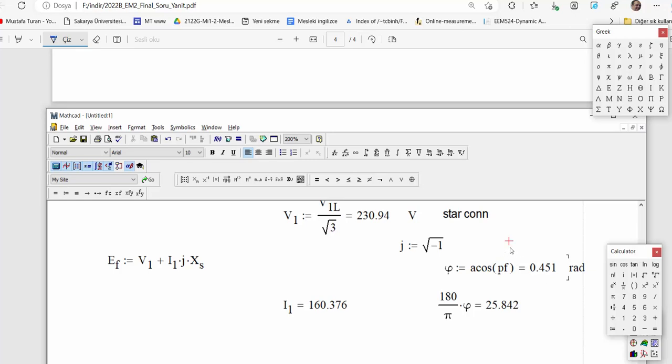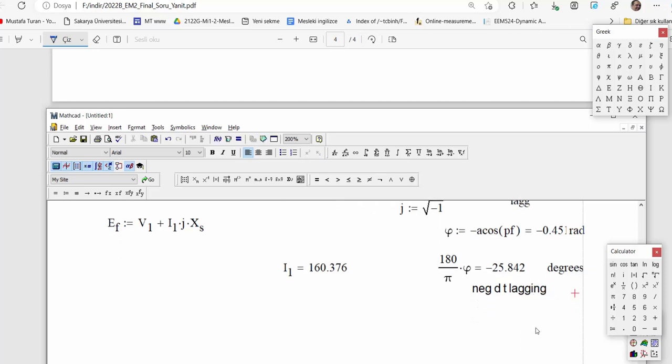Power factor lagging. Lagging phase angle must be negative. So I write here negative, make corrections, degrees, and negative since it is lagging. Since it is lagging, we have corrected the sign of phi.